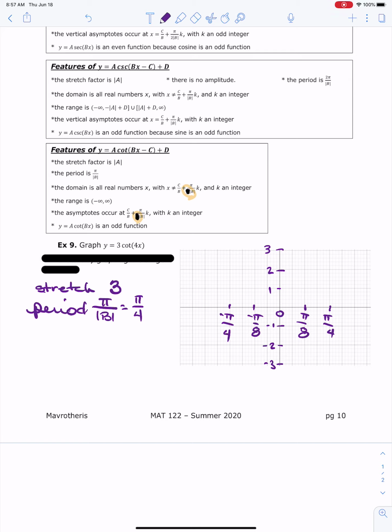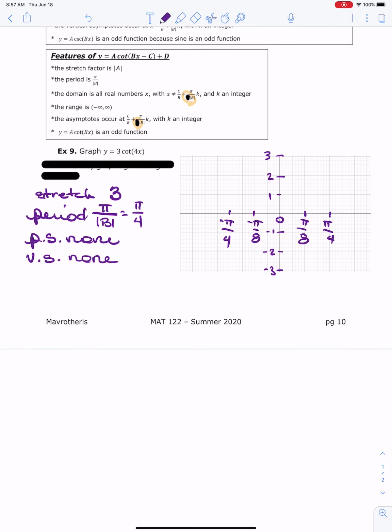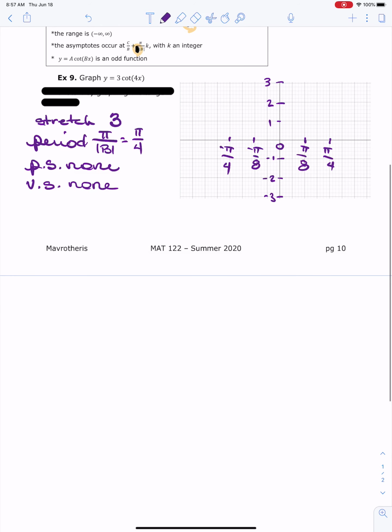Okay, we have no phase shift, and we have no vertical shift. And so right now we're going to go down to the next page, and I want to compare tangent and cotangent just a little bit.